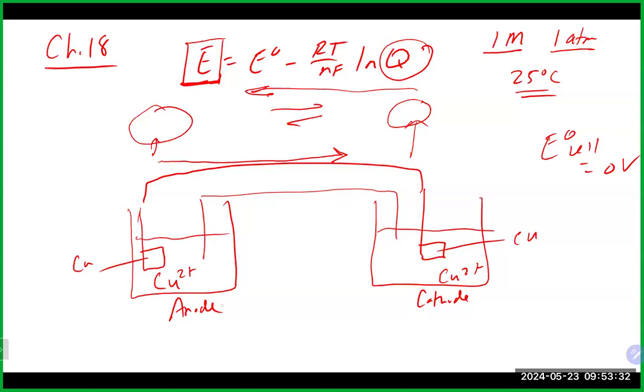So say we have 0.1 molar here and 1 molar over here. With this higher concentration, as we talked about, you're going to have a greater positive charge in the solution. That's going to provide the force needed to draw the electrons to the other side.